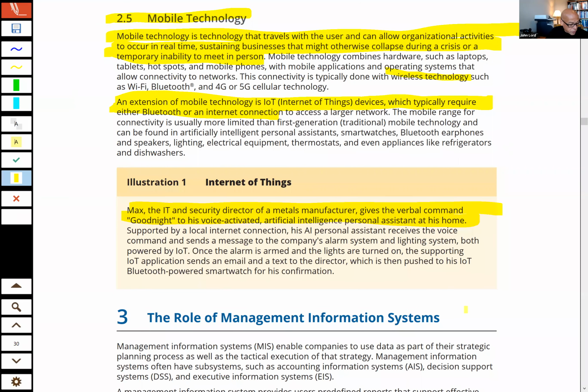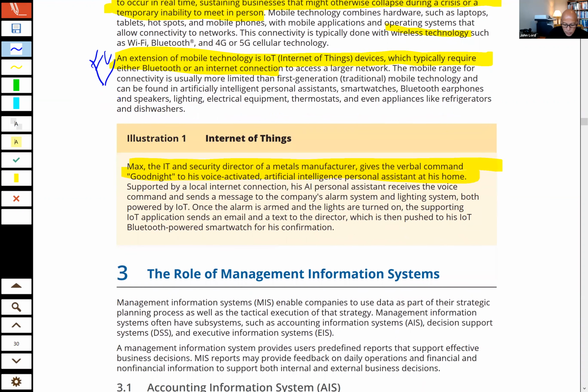It involves artificial intelligence. That's basically Alexas. What we're not wanting to do here is use brand names, but that's really what they're talking about there. Okay, so you can flashcard that. You may not think of that as being called the Internet of Things, but that's a good example of what they're talking about.